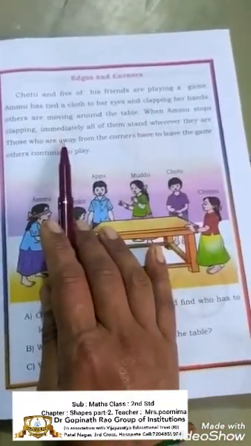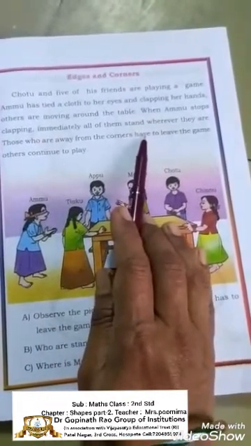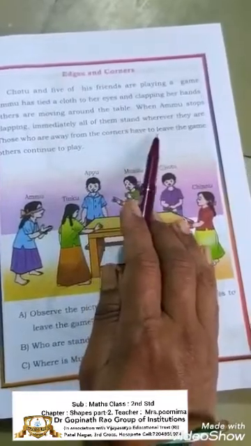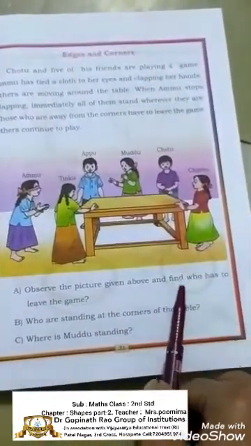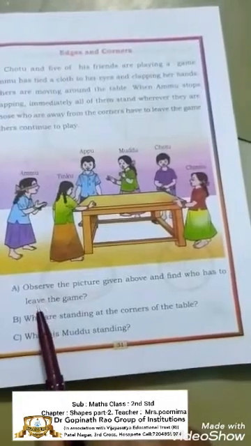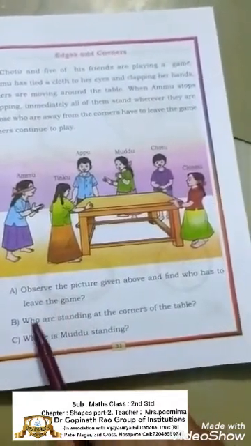Those who are away from the corners have to leave the game. Others continue. Observe the picture given above and find who has to leave the game.